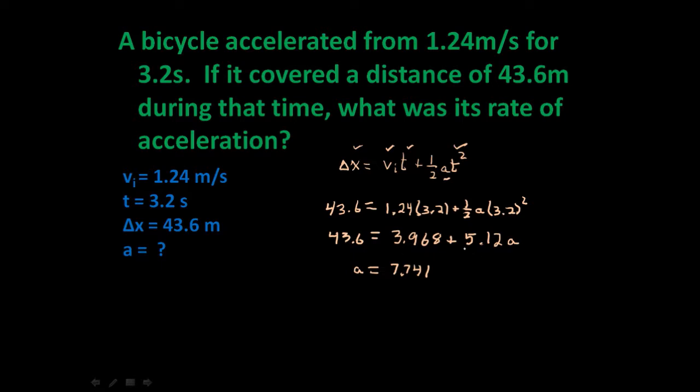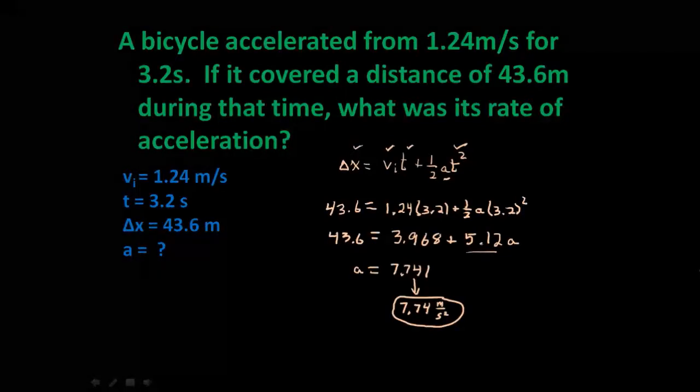And 3 significant figures over here as this coefficient, we should round to 3 significant figures. And so our answer is going to be 7.74 meters per second squared. Remember, that's an acceleration. And that is how you work a uniform acceleration problem.